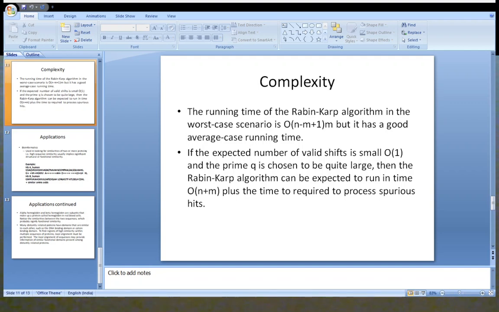If there are certain valid positions with hits, then the expected running time is O of n plus m. In that situation, we need not perform a match at every position.